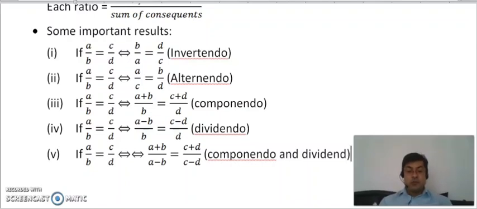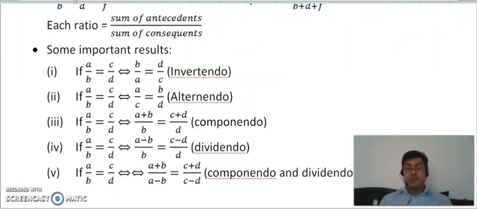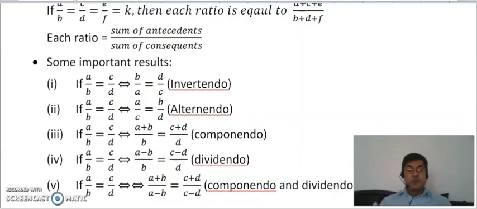Clear? Notice that we are adding both the terms in numerator and in the denominator we are taking the difference. Clear? So we are going to use all these results in solving the exercise. Remember the result, each ratio is given by sum of antecedents upon sum of consequents, or sum of numerators upon sum of denominators. In simple words you can remember. Clear?